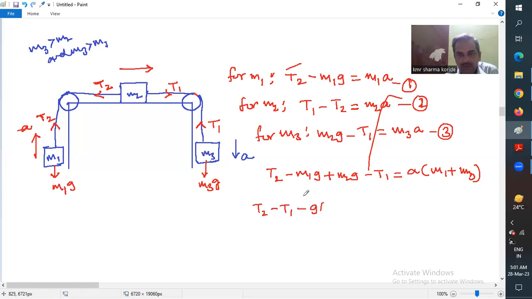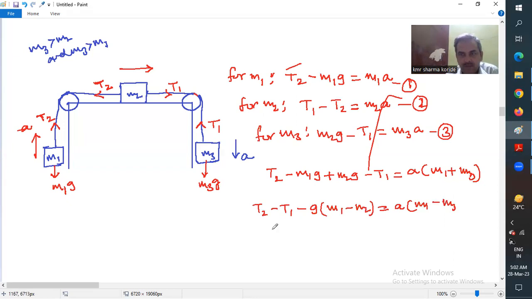So it is going to be minus G, M1 minus M3. So this equation remains the same, A of M1 plus M3.